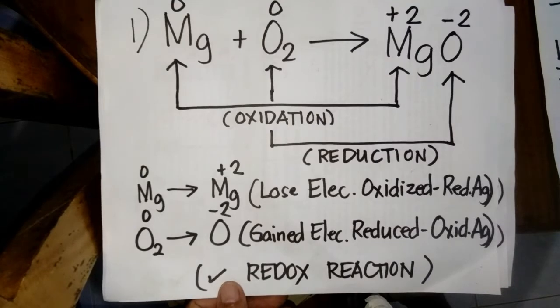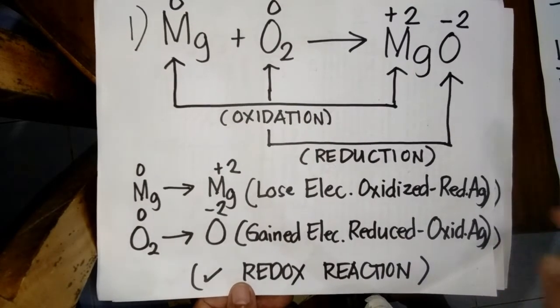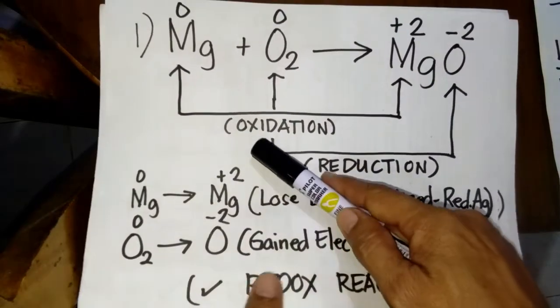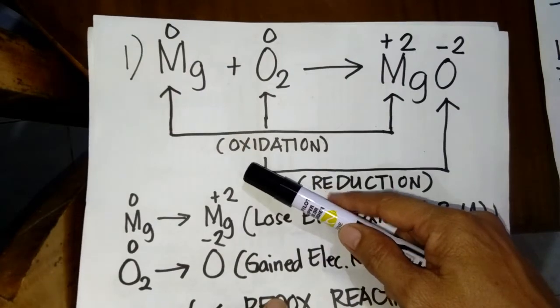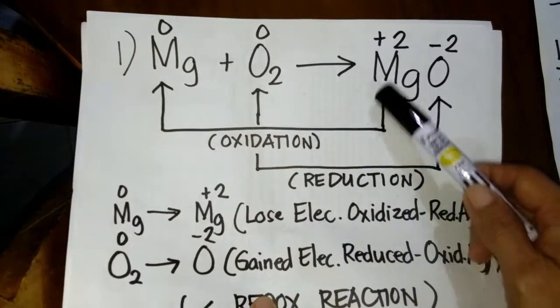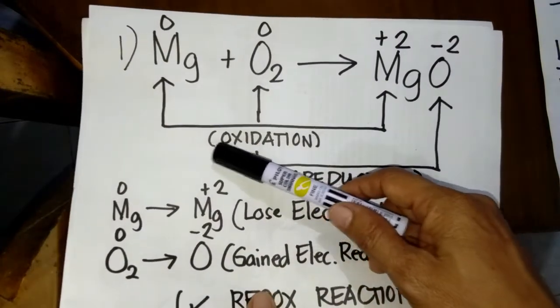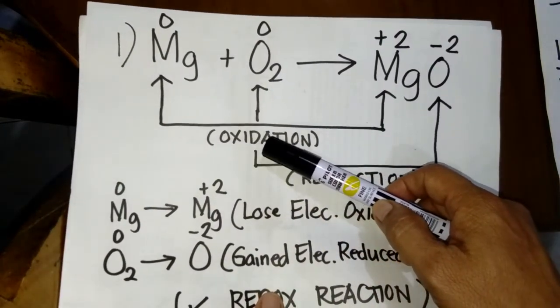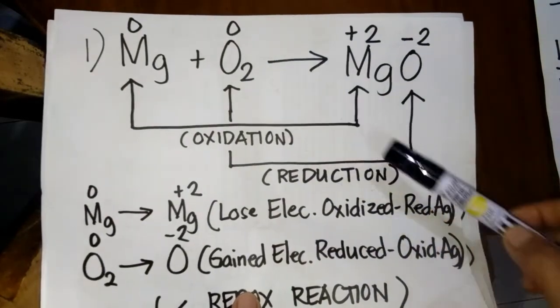Okay, so bear in mind again that losing electron is oxidation. So you see oxidation, this one has lost its electron. So from 0 to positive 2, magnesium. So losing electron is oxidation. LEO, this will be now our reducing agent.